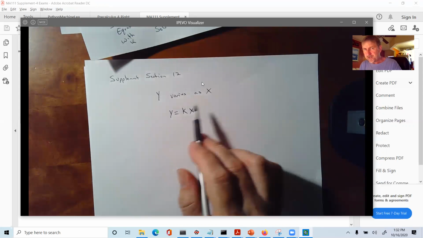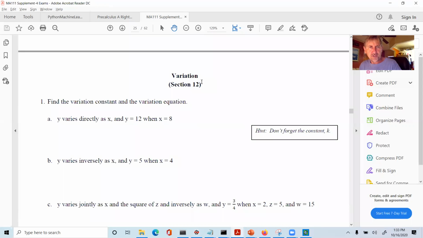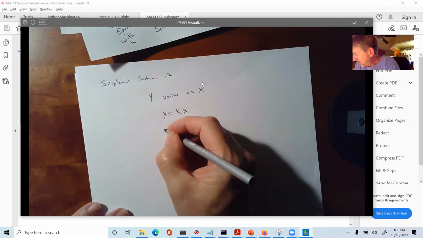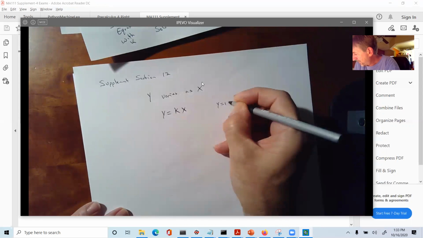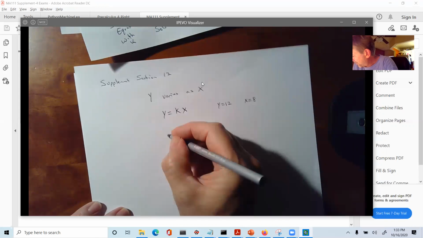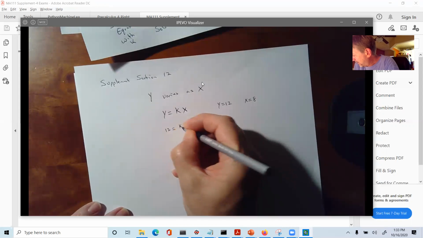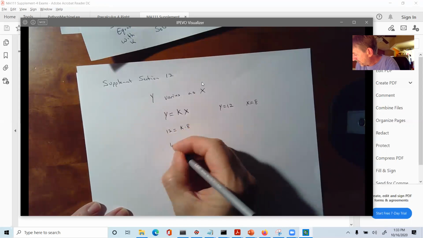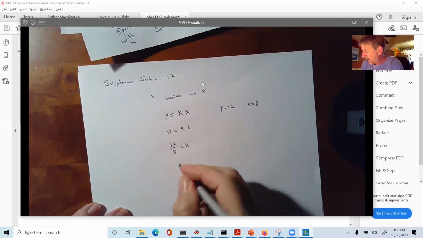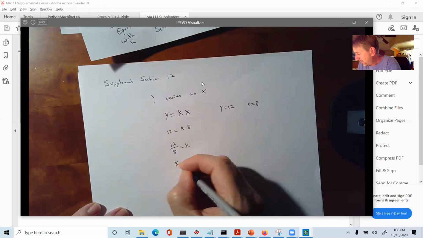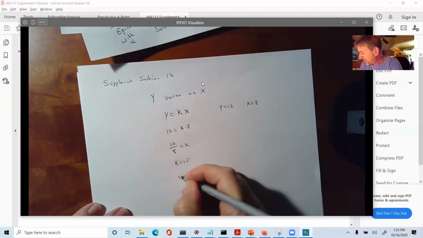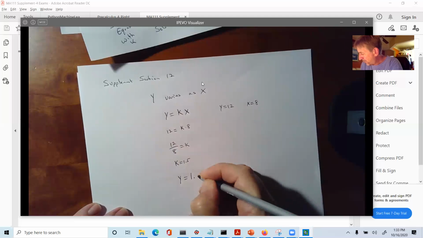Then they give us two conditions: y equals 12 when x equals 8. So we have 12 equals k times 8, and 12 divided by 8 equals k. And I think that's 1.5. So k equals 1.5.